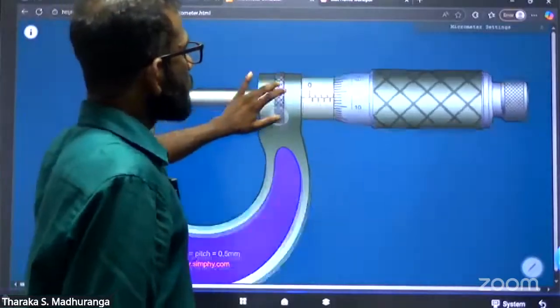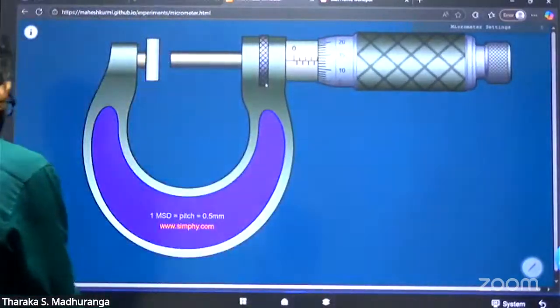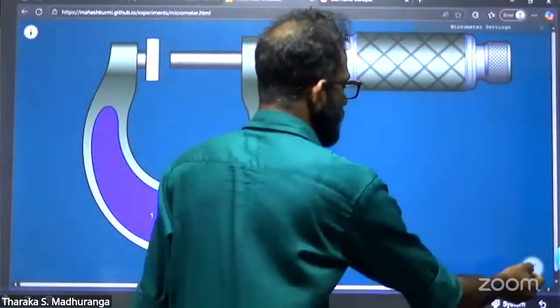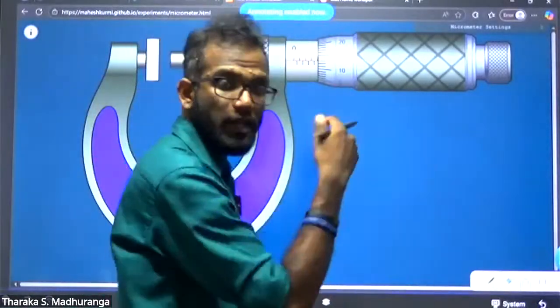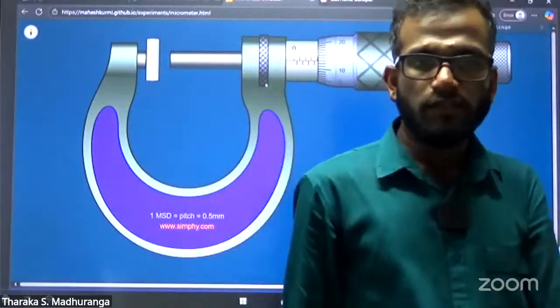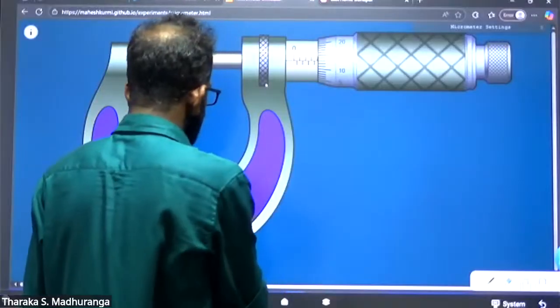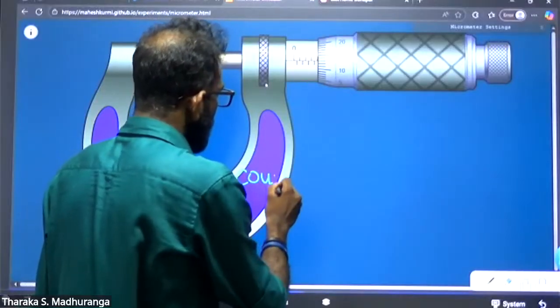The final point we discussed last day was the least count of any micrometer screw gauge.